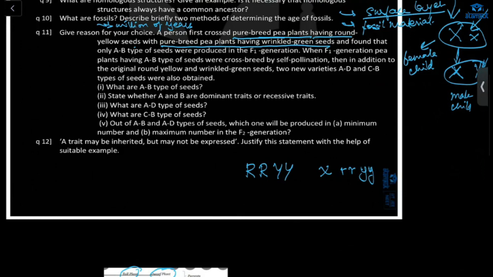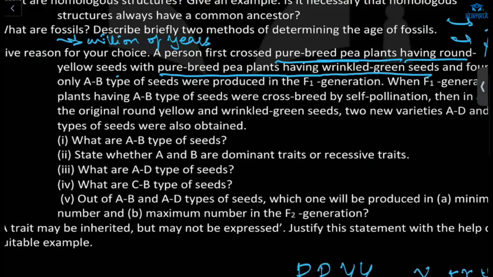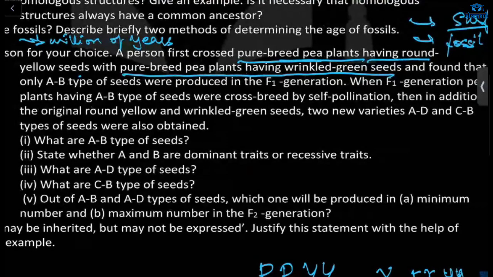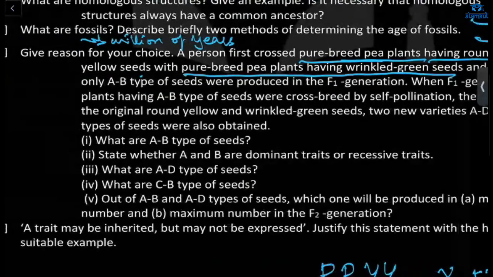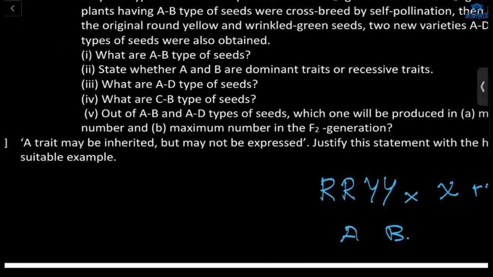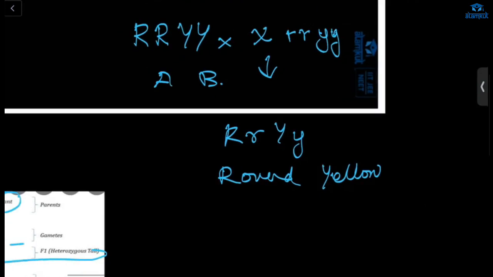In the F1 generation, pea plants having AB type of seeds were crossbred by self-pollination. Then in addition to the original ones, two new varieties, AD and CB type of seeds, were also obtained. What AB type of seeds will we be getting in this case? Round and yellow, okay? So AB type of seed will be round and yellow, dominant characters.